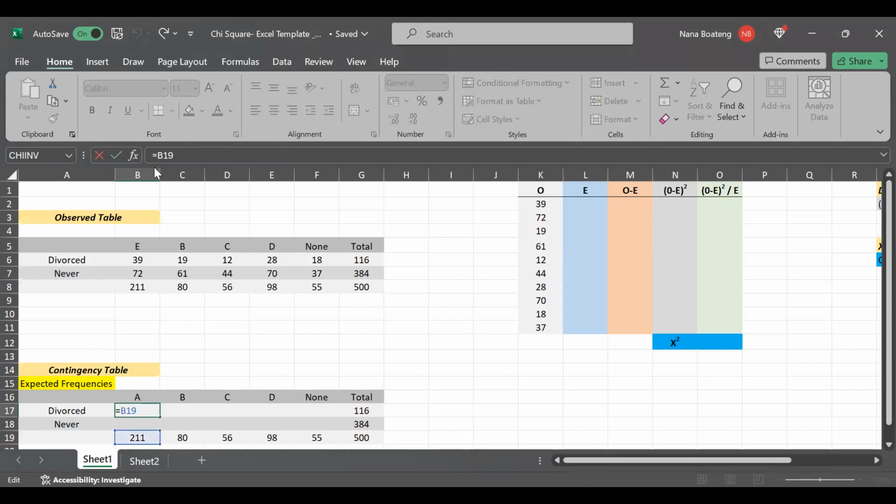So it's this. So let's put this in a bracket. Okay. So we multiply that with 116, isn't it? Okay. And then we divide by the total, which is 500. Okay. So that gives us this.